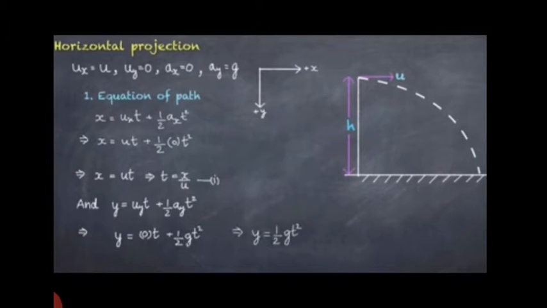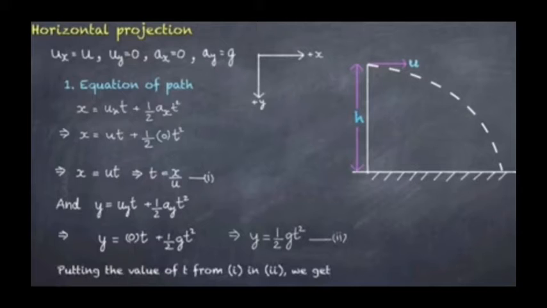And y is equal to u of y t plus half a of y t square. Then u of y is equal to 0. So y is equal to 0 into t plus half a of y, which is g, t square. Then y is equal to half g t square.